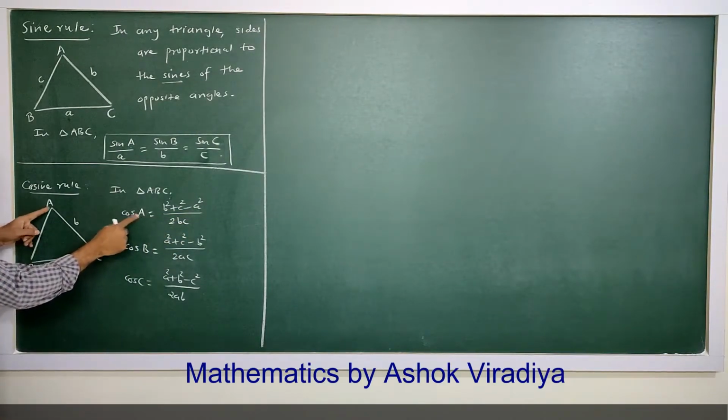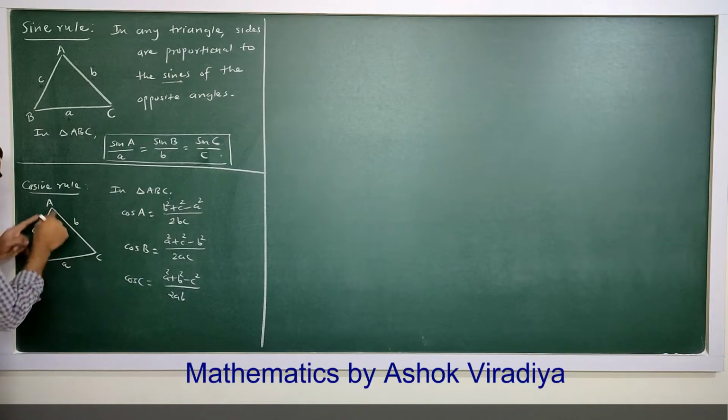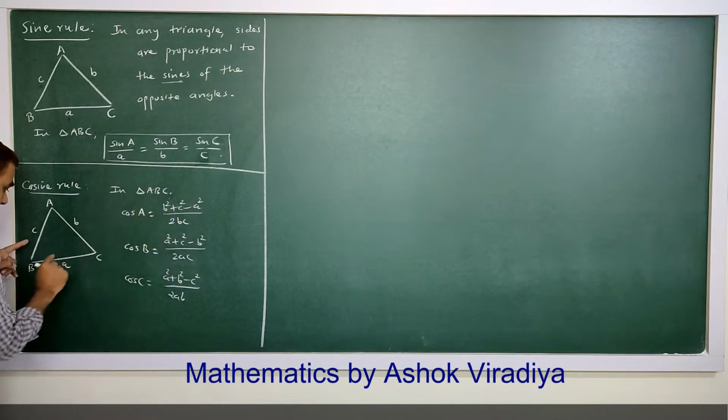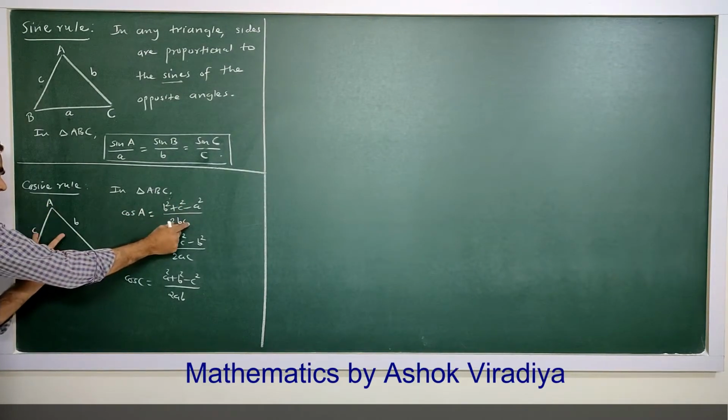How to remember this formula? b square plus c square means the sum of squares of adjacent sides. Angle A is between b and c, so these are the adjacent sides. So cosine A is the sum of squares of adjacent sides minus the square of the opposite side, upon 2 into the product of adjacent sides, b into c.